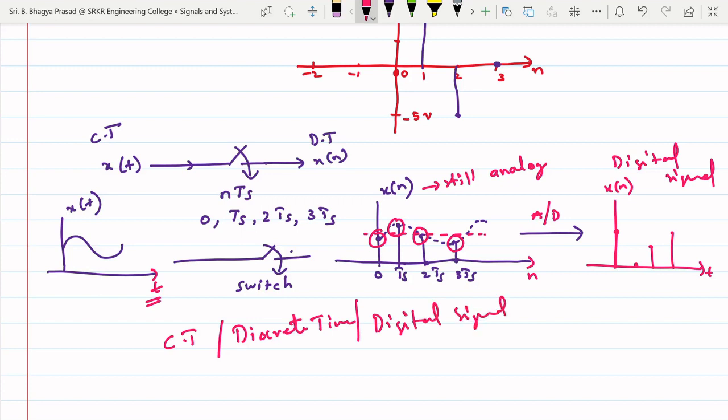These discrete time and digital signals are not the same, but in a discrete time signal the independent variable axis is discretized. If the independent variable axis and the strength axis are also discretized, it is a digital signal. So I hope there is a clear picture regarding continuous time, discrete time signals and digital signals, right. Thank you.